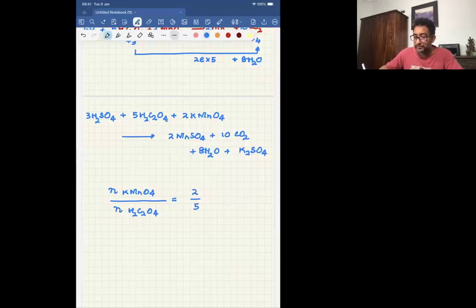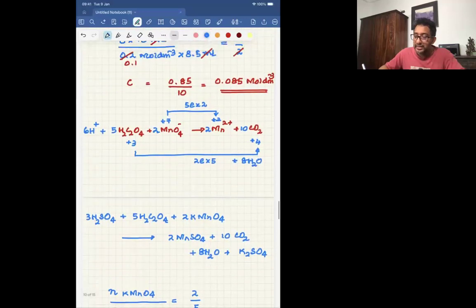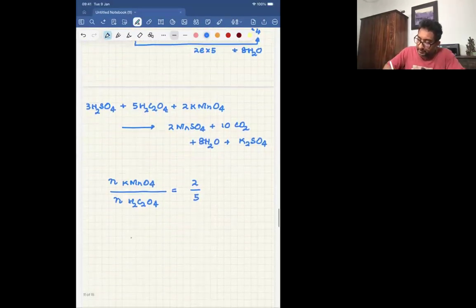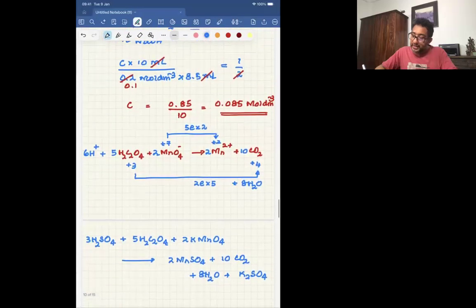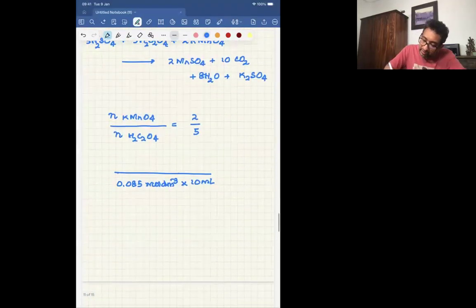Now you all have calculated the concentration of oxalic acid, 0.085 moles per cubic decimeter. What is the oxalic acid volume that you have taken? You have taken 10 milliliters. They say same volume, 10 milliliters. Concentration of potassium permanganate is what they ask you to calculate.